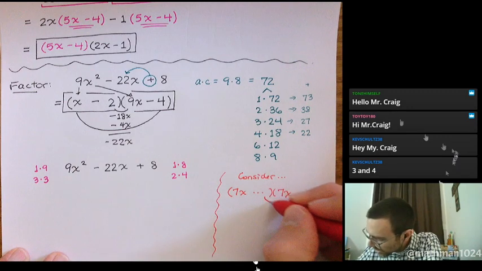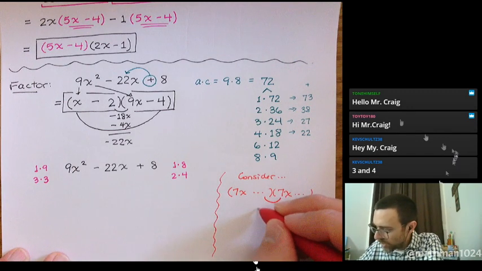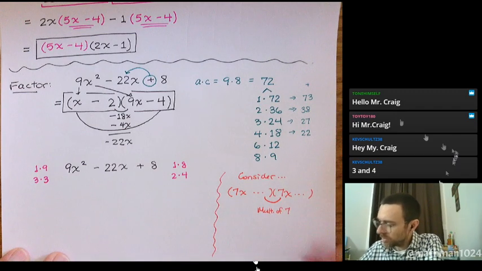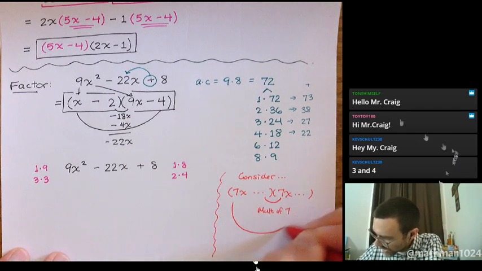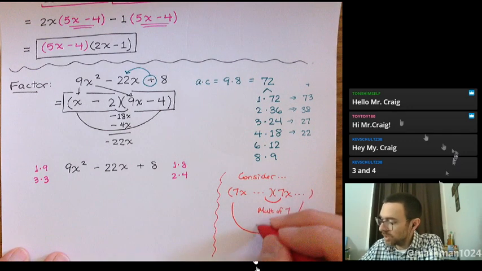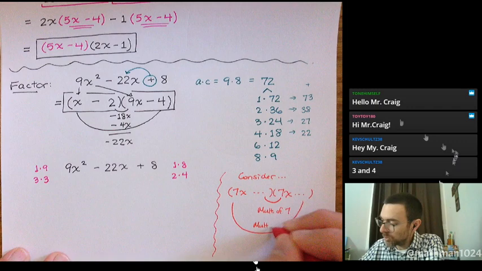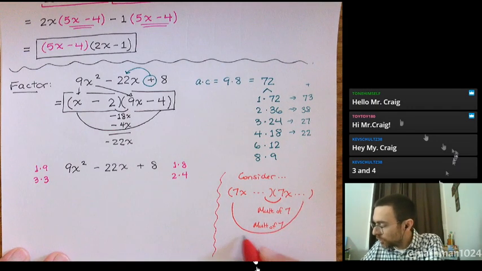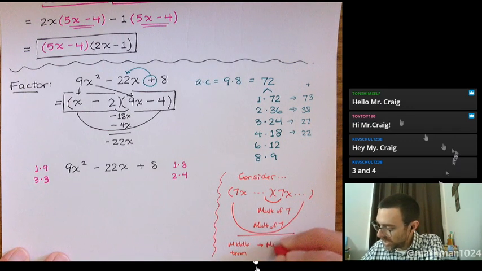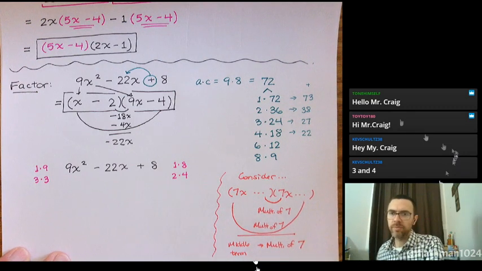When I do the inside right here, whatever it is going to be a multiple of 7. On the outside, 7 times really any other integer is going to give you a multiple of 7, which means when you combine these guys, that middle term would also be a multiple of 7.